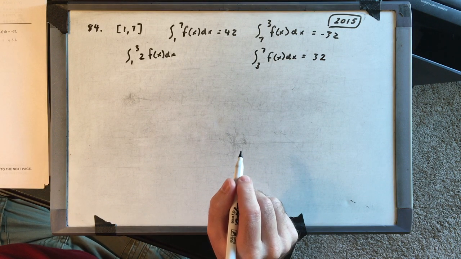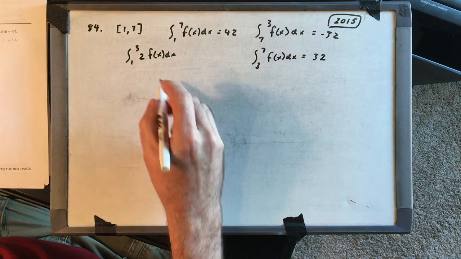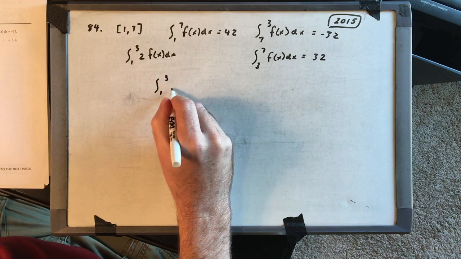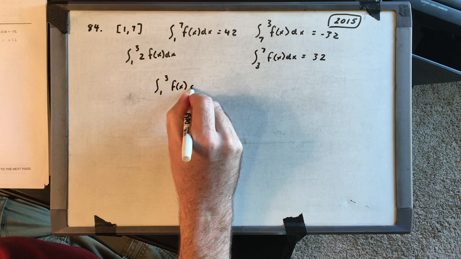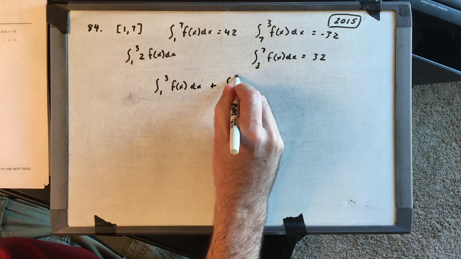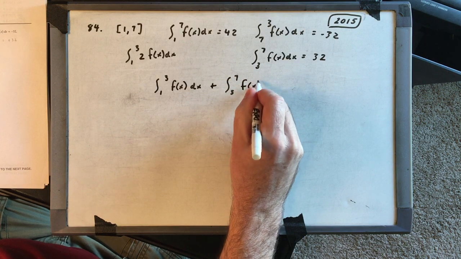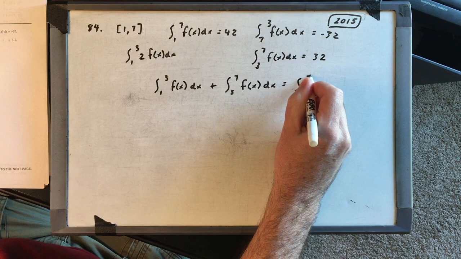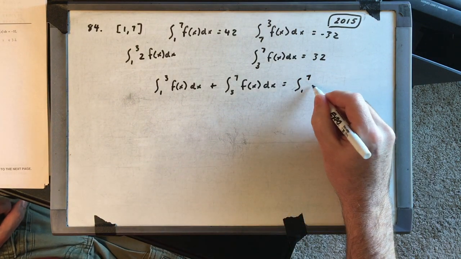So you could rewrite this as the integral from 1 to 3 of f of x dx plus the integral from 3 to 7 of f of x dx is equal to the integral from 1 to 7 of f of x dx.